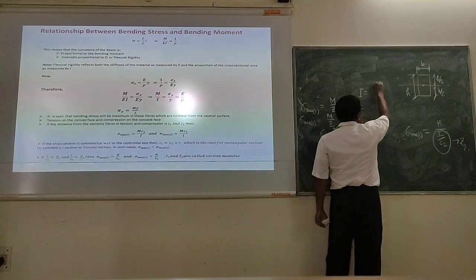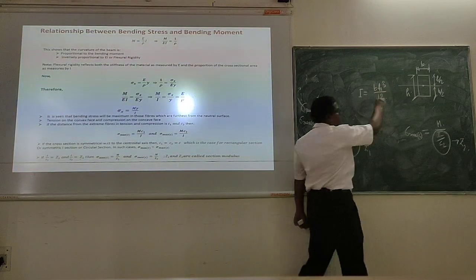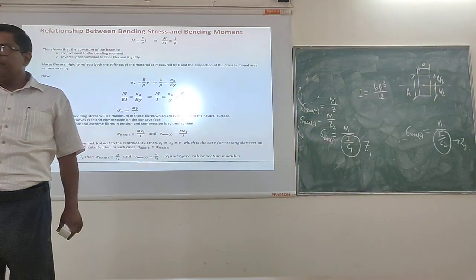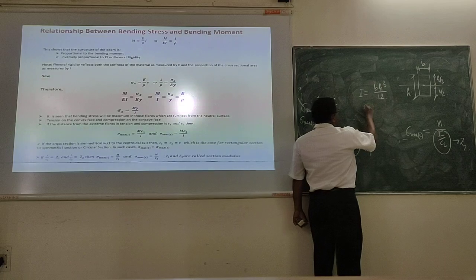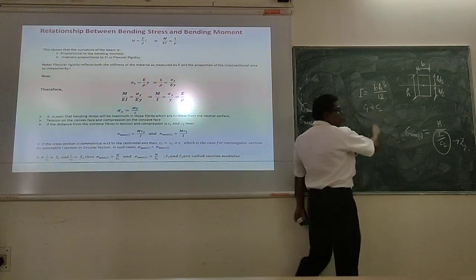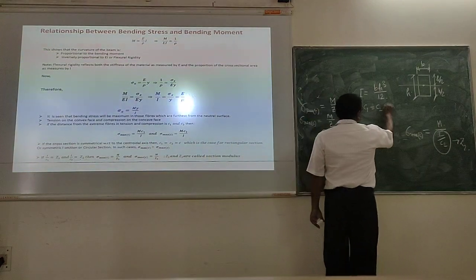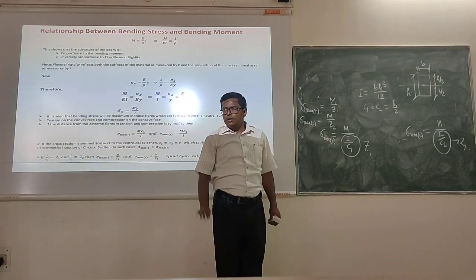Don't say B is H; the moment of inertia will be BH cubed by 12. Correct? Now, in this case you see C1 is equal to C2, which is nothing but equal to H by 2. Correct?